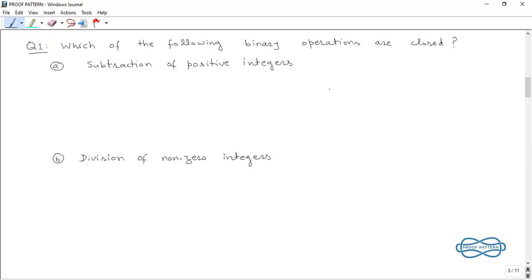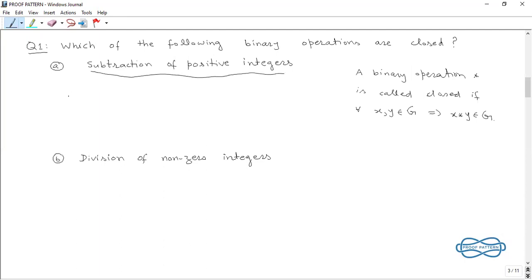We know that the closure of a binary operation means that a binary operation star is called closed if for every element x and y belonging to the set G implies that x star y also belongs to G. Okay, so the first question is, we have to check whether subtraction of positive integers is closed or not.